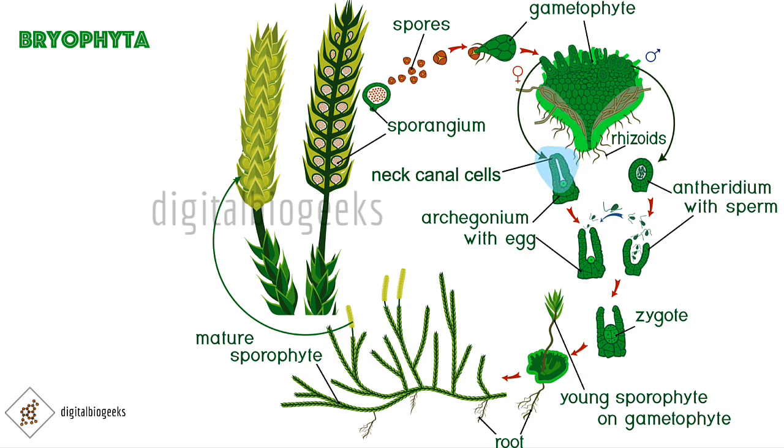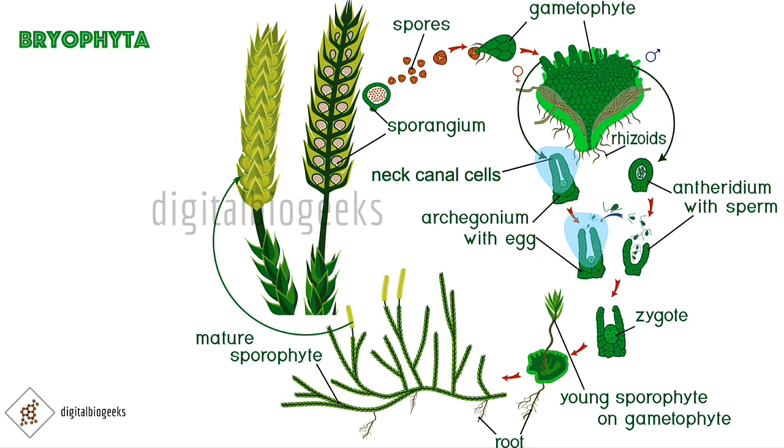When mature and completely moist from the raindrop, the neck canal cells of the archegonium disintegrate, releasing a column of fluid into the neck canal and surrounding water. But the egg remains at the base of the archegonium, ready for fertilization. Here you can see the neck canal cells have disintegrated, but the single egg is still there at the base.